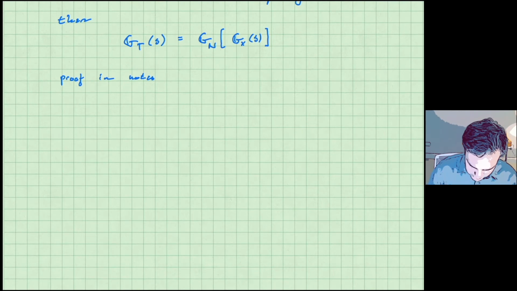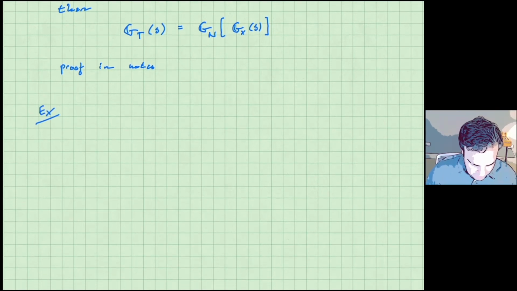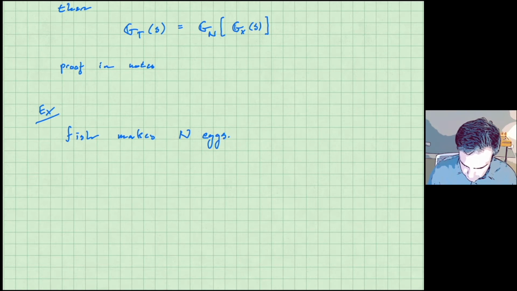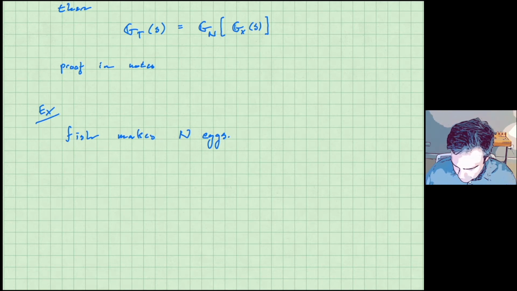Let's go ahead and give it a use. This is essentially an application. Suppose you have a fish, an animal, that makes a bunch of eggs, makes N eggs. It's a random variable, so I'll give it a distribution: we'll say N is Poisson distributed.